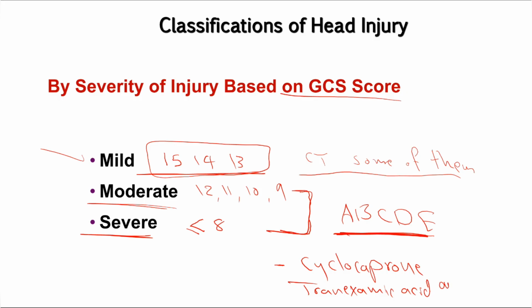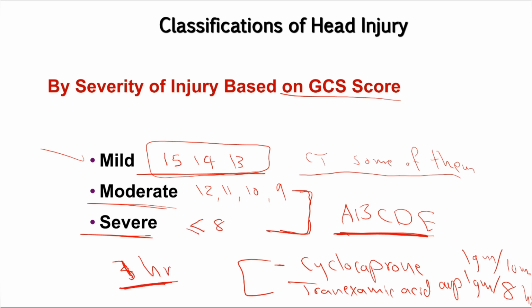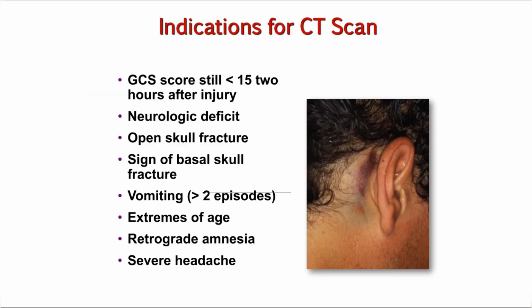So you give this ampoule 1 gram over 10 minutes, then 1 gram over the next 8 hours. If this is given during the first 3 hours of injury, it will decrease morbidity and mortality. So we are giving cyclokapron for mild, moderate, and severe brain injury.